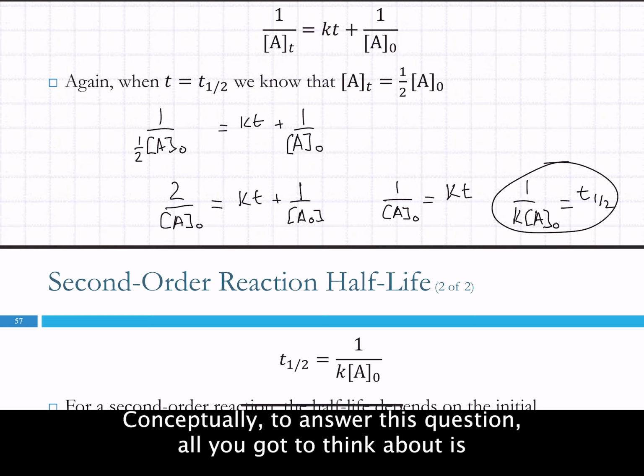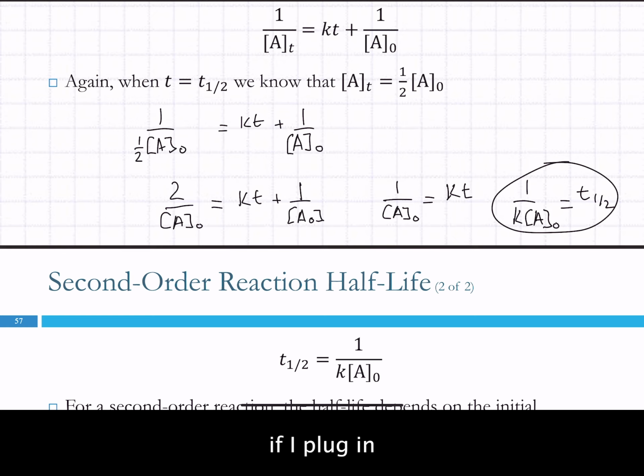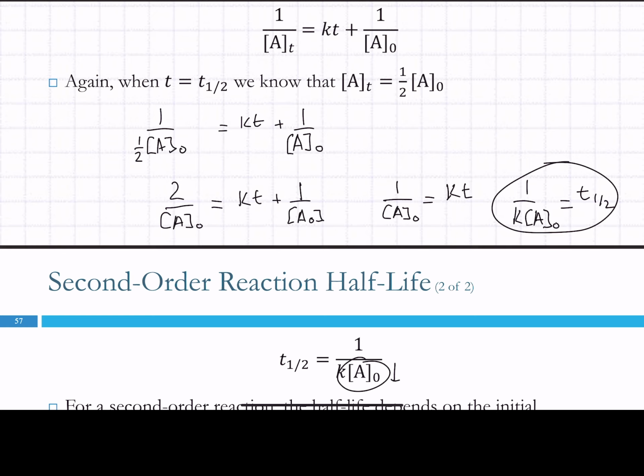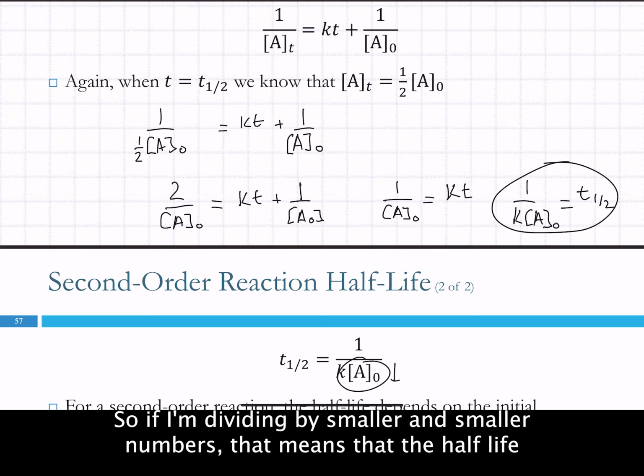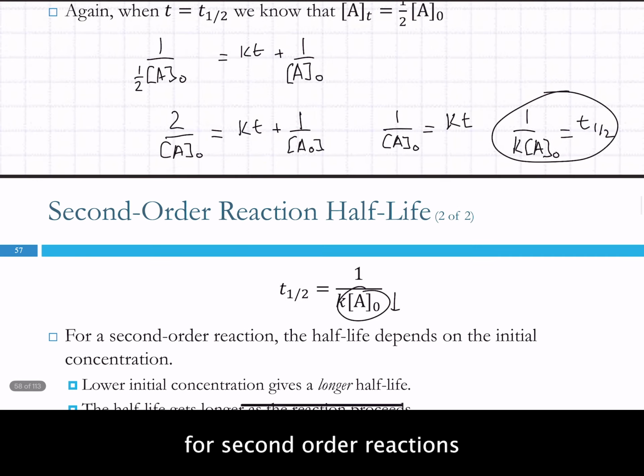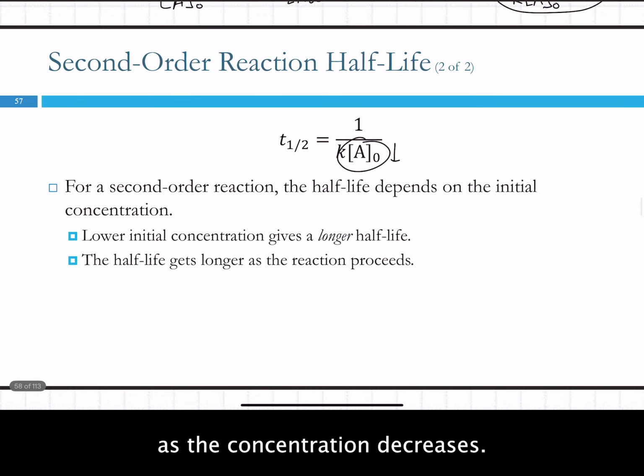Conceptually, to answer this question, all you got to think about is if I plug in smaller and smaller numbers for A0, how does that affect the half-life? If I'm dividing by smaller and smaller numbers, that means the half-life is going to get longer and longer. So the half-life gets longer for second-order reactions as the concentration decreases.